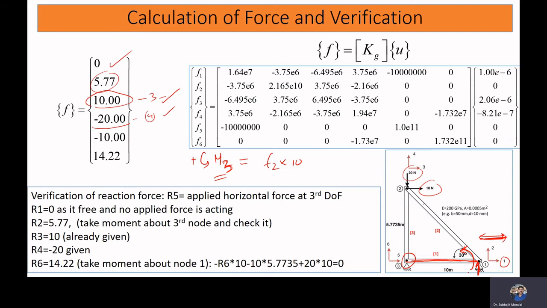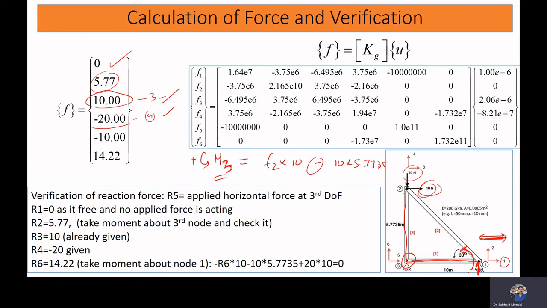This value is 10. Now here we have a 10 Newton force and the perpendicular distance is this one, so we have 10 into 5.7735. Now you have to see whether it is a plus sign or a negative sign.